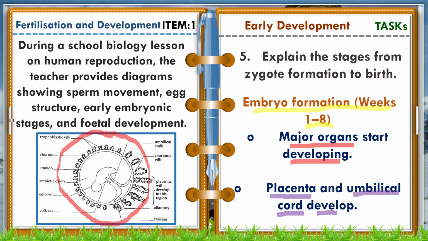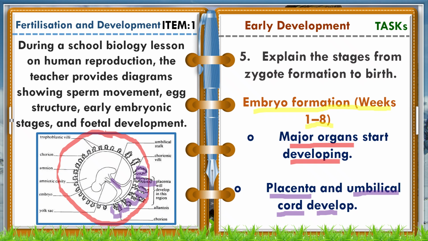So we have the umbilical cord, which is this one, developing. We have developed the placenta, or this one that you are seeing here, developing in that region.